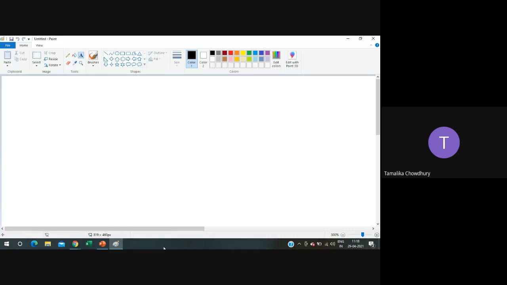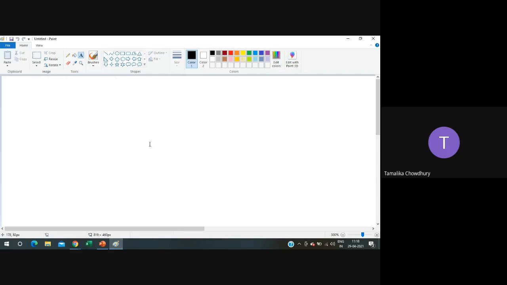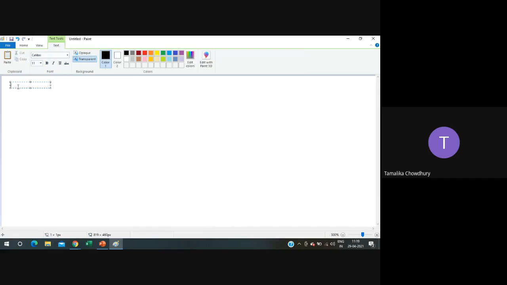So here I just stated what happens in high voltage: reduction in conductor material. Reduction in conductor material means reduction in the volume of the conductor material. Whatever the material there is, the reduction in the volume is only the reduction in conductor material. So suppose there is a conductor of length l.